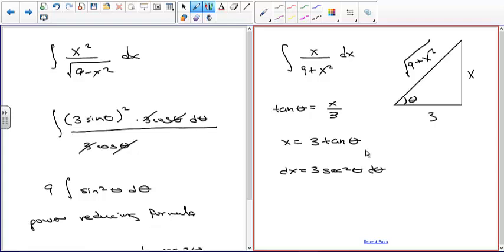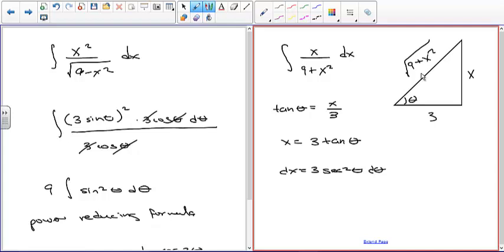So again, we have to know our derivatives. Before, the derivative of the sine was the cosine. Here, the derivative of the tangent is secant squared. So that gives me this next substitution. And the final substitution I need is this one. So what trig function you use is the one that involves this divided by that.